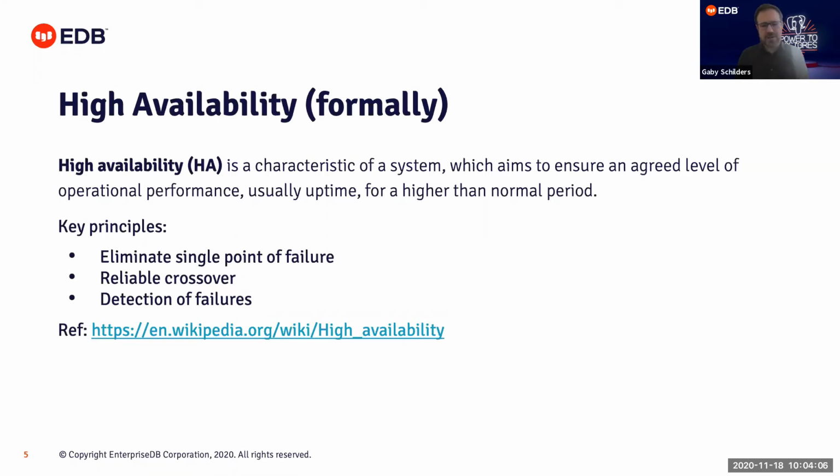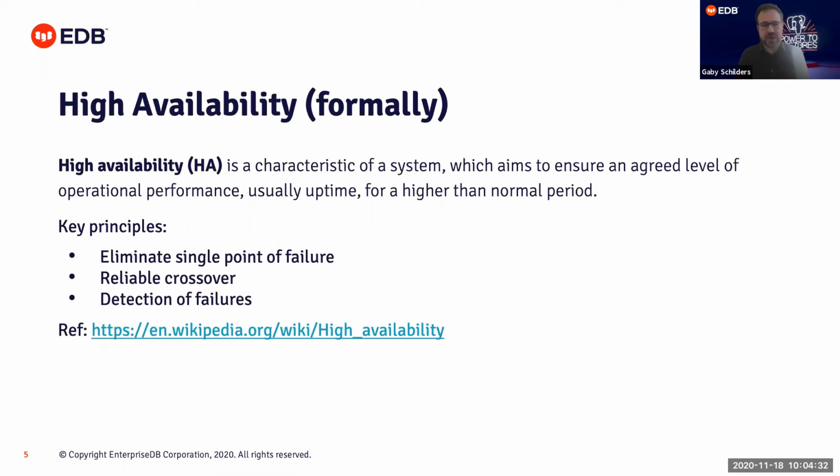High availability is defined as a characteristic of a system which aims to ensure an agreed level of operational performance, and that's usually uptime, for a higher than normal period. And this is already contentious because what is normal? And for which parts of your business, which levels of HA are required, for instance.